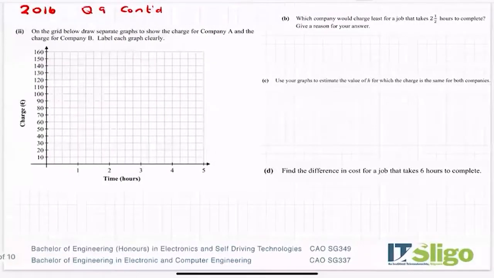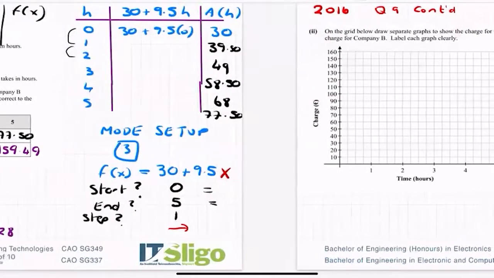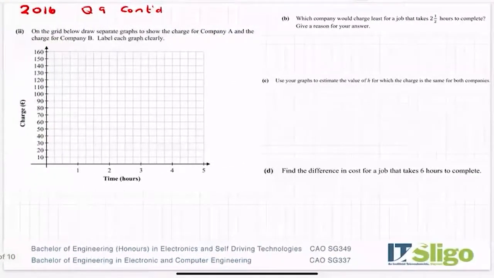Part 2 then says on the grid below, draw separate graphs to show the charge for company A and the charge for company B. Label each graph clearly. Okay, so what are we doing? Let's pick a color. I'm going to actually use my calculator to put in the values here because they are just in that table.